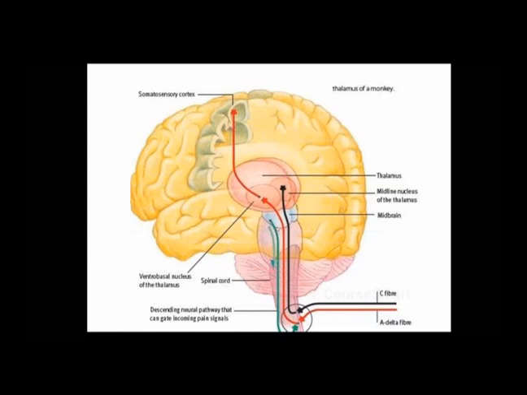And that's where this descending pathway comes in. Descending green here, this neural pathway can actually help to block some of our incoming pain signals. We'll talk about that in just a few slides, but it acts as a gateway to block those incoming signals.